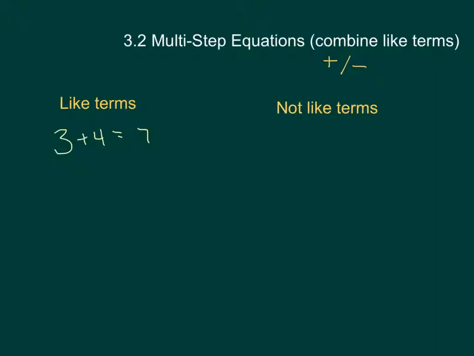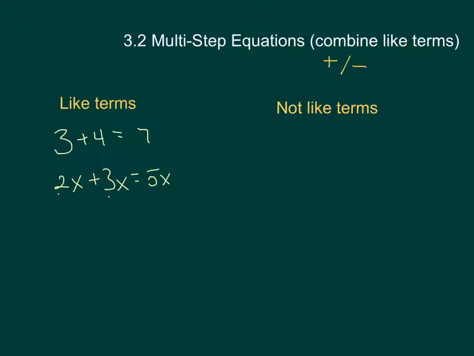I could also have 2x plus 3x, and when we combine terms, we're only combining the coefficients. The variable stays the same. So in this case, 2 plus 3 is 5, and since the variable is the same as x, I have 5x.